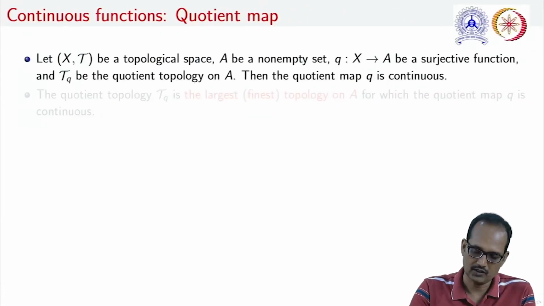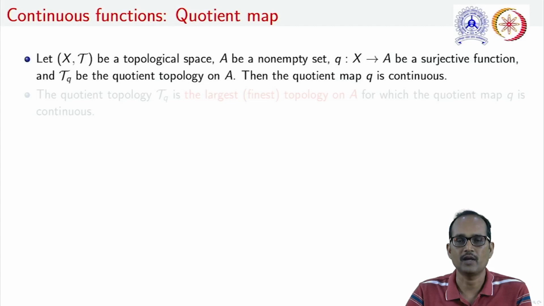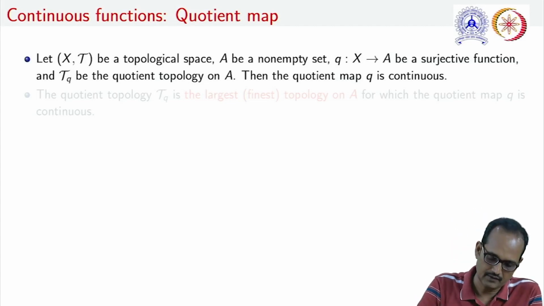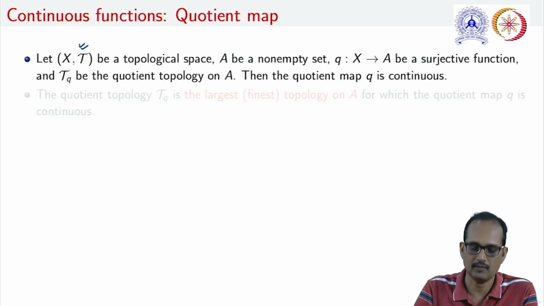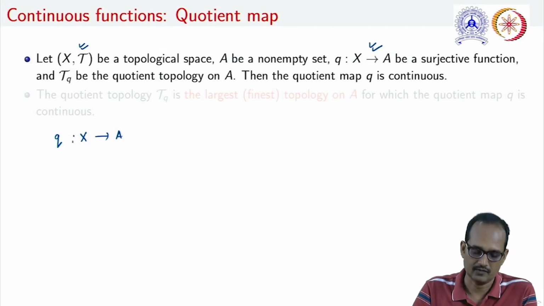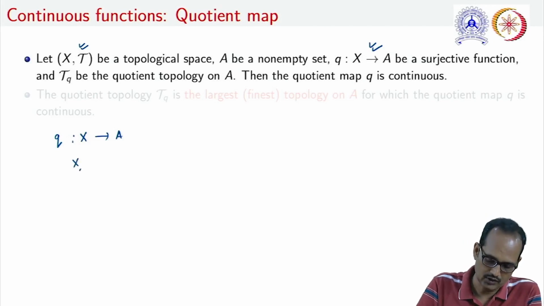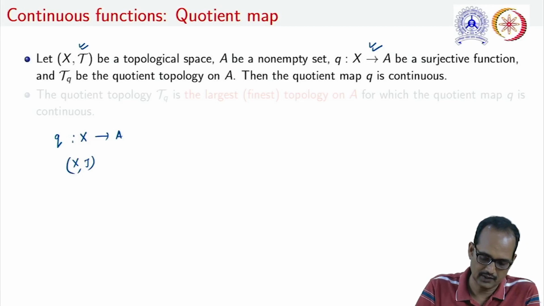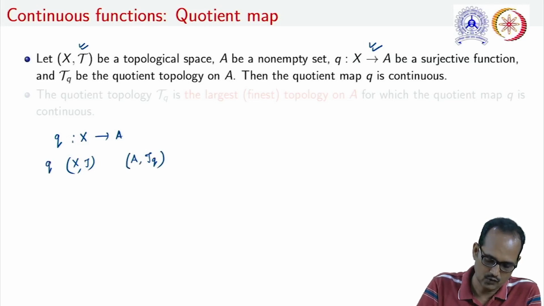Moving to the next concept, that is the concept of quotient map. We have already seen that if a topological space X, tau is given and A is any non-empty set, and if we have a surjective function q from X to A, then by using the topology on X, we can put a topology on A with the help of this quotient map, and this topology is known as the quotient topology.